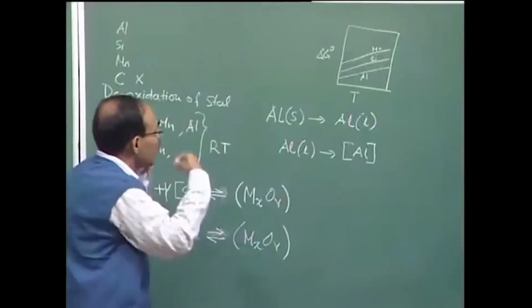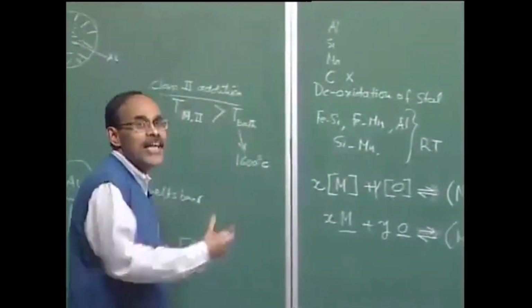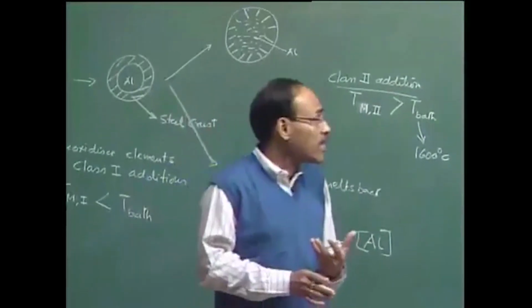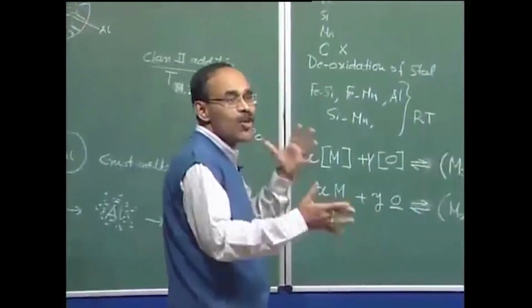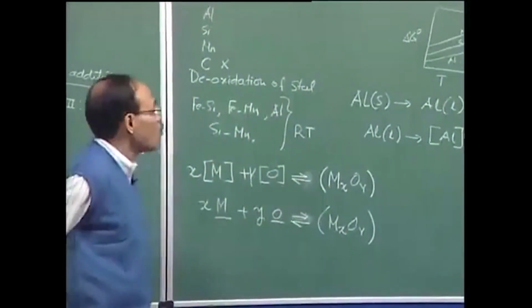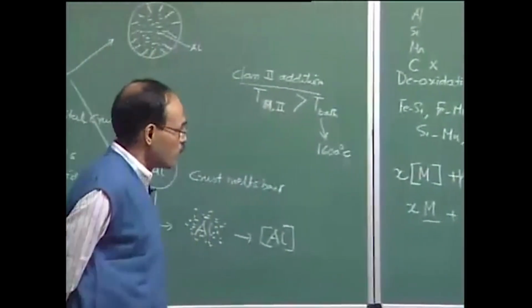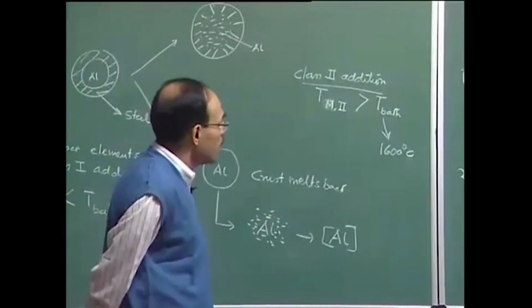These conclusions we can immediately draw from the oxide Ellingham diagram, and that's why in the study of carbothermic reduction, in the study of deoxidation, the Ellingham diagram occupies a preeminent position. We have to know this really well.